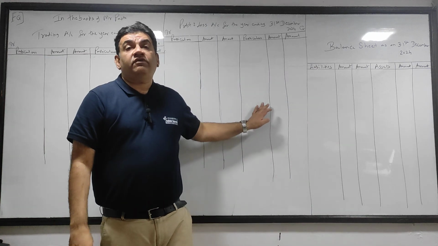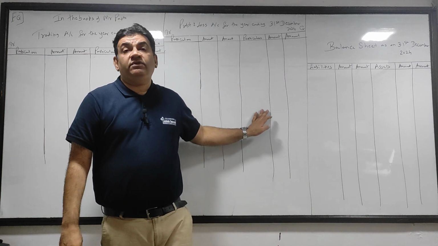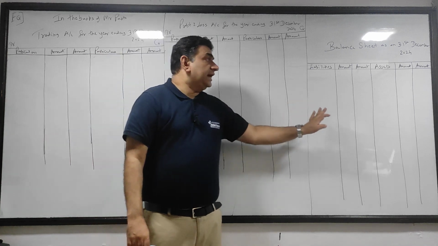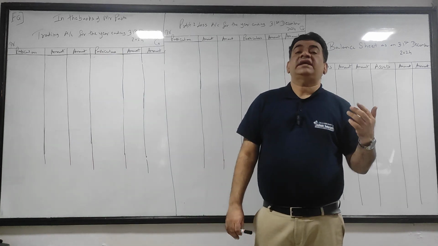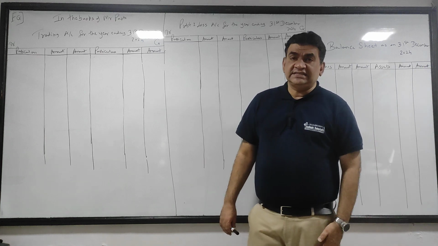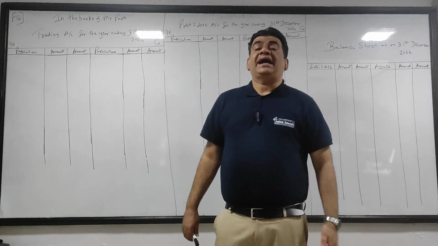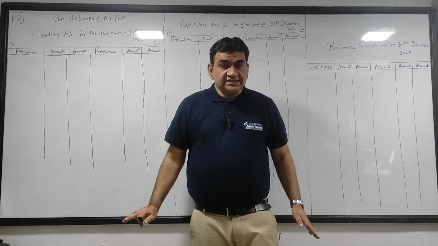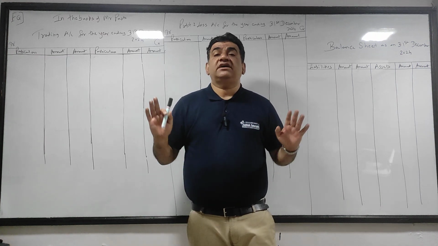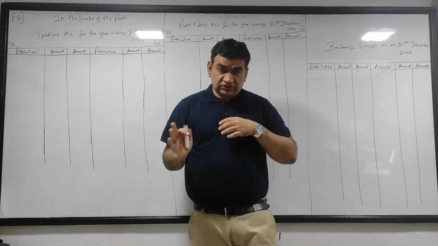Purpose of preparing profit and loss account, to know the net profit or net loss. And the purpose of preparing balance sheet, to know the financial position of the business, that is to know your assets and liabilities. Clear with this guys? So this is a full-fledged sum of final accounts.